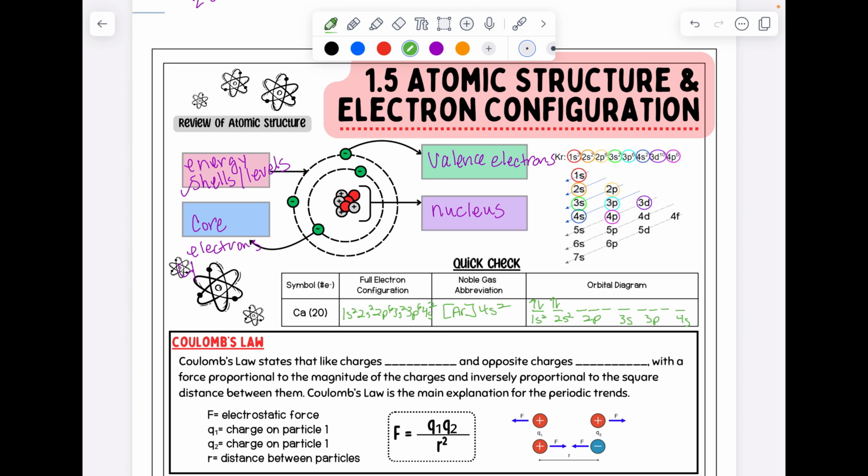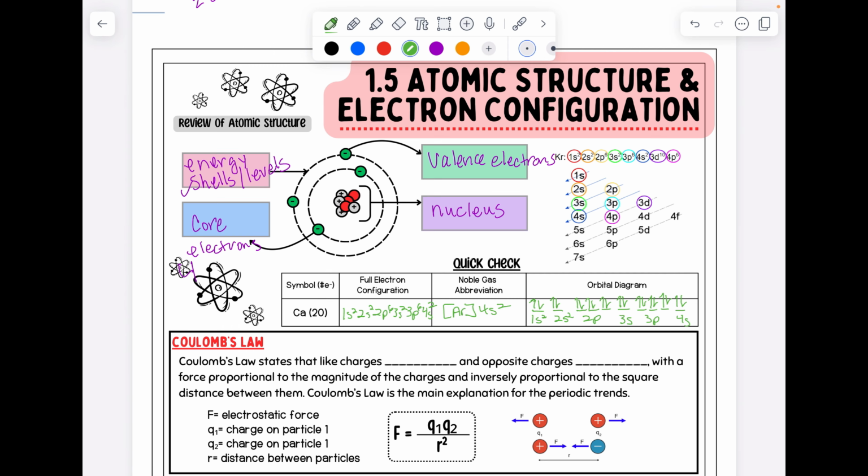But then when I get to the 2p, the first I'm going to write them all going the same direction in separate orbitals. And then they're going to fill in and pair up. Then the s, they're going to fill in there. And then the p, they're going to fill in separately first with the same spin direction. And then they're going to pair up. And finally s, like that.